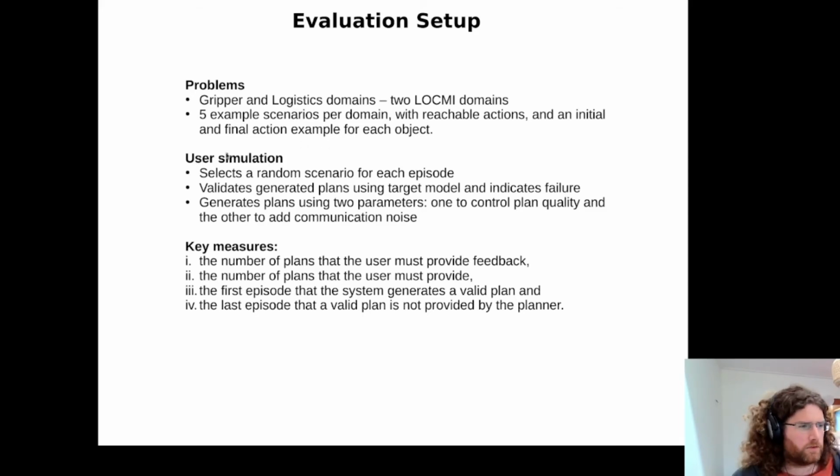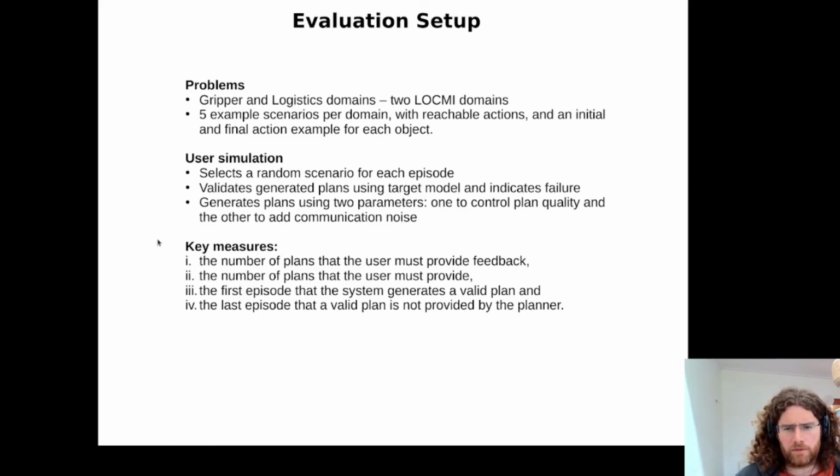In terms of the user or expert, we just select one of the episodes. We use a target model to validate the plans and indicate which action was the first failed action. And we've also got some kind of plan generation with parameterized, so that we can control quality and communication noise.